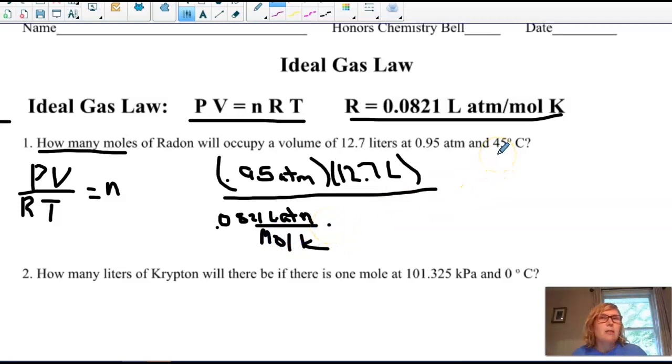If you notice up here, my temperature is in Celsius. So I have to say 45 plus 273 will give me 318 K.